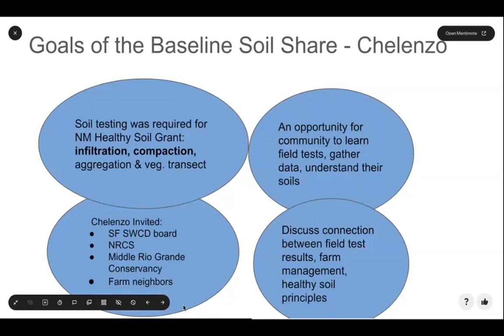So Lorenzo invited members of the Santa Fe Soil and Water Conservation District Board. There were a couple of NRCS staff there, someone from the Middle Rio Grande Conservancy, and some farm neighbors. And so we all had a chance to network and learn from each other. Next slide.